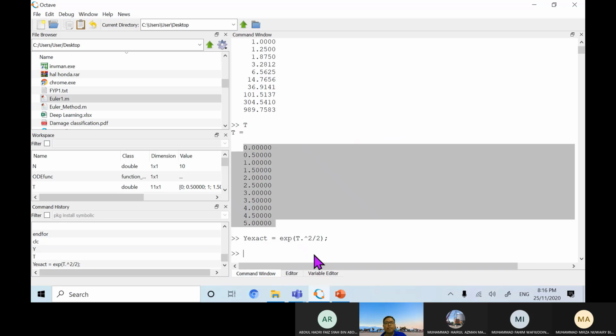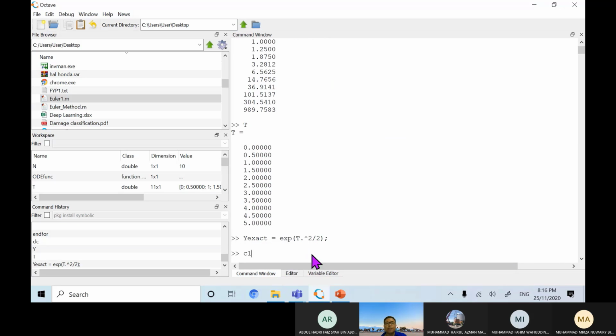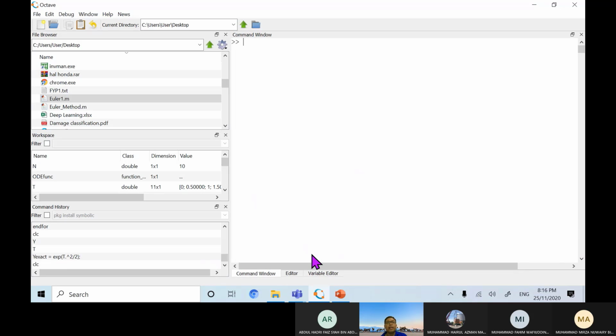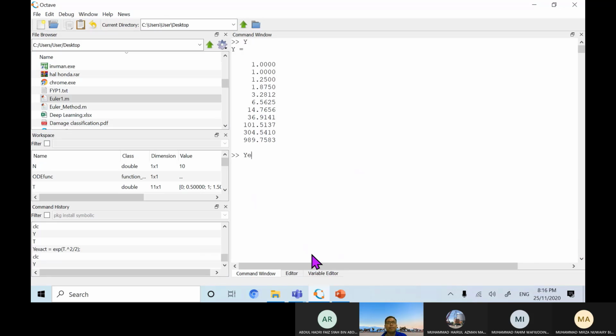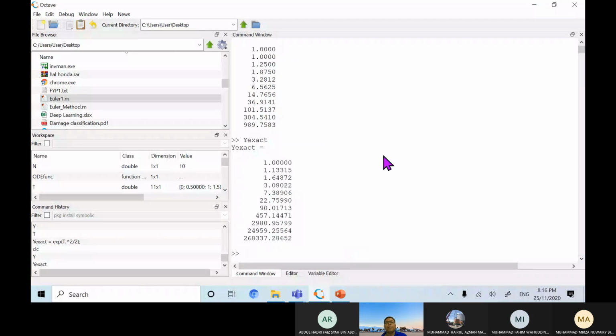Okay, now I can run my Y exact. So I will type CLC, and then this is the estimated solution, and this is my exact solution. Sekejap. Nampak tak? Ini nilai yang sebenar, ini nilai yang estimated. Nampak ada sedikit lari.